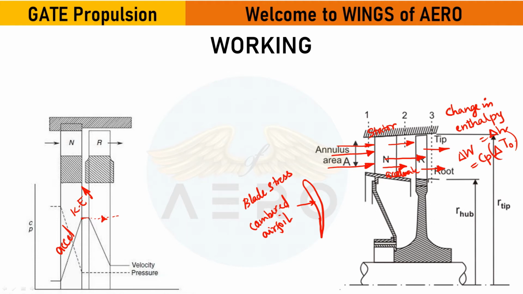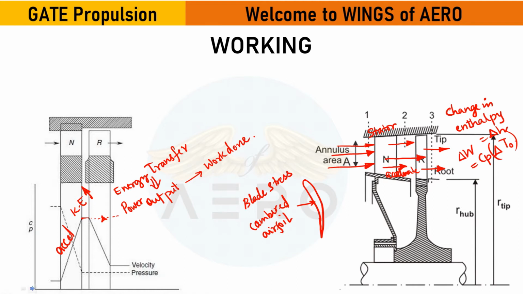Okay, and due to that there will be a power output, there will be energy transfer, which leads to obtaining a power output. That is what leads to the work done actually. Got it?